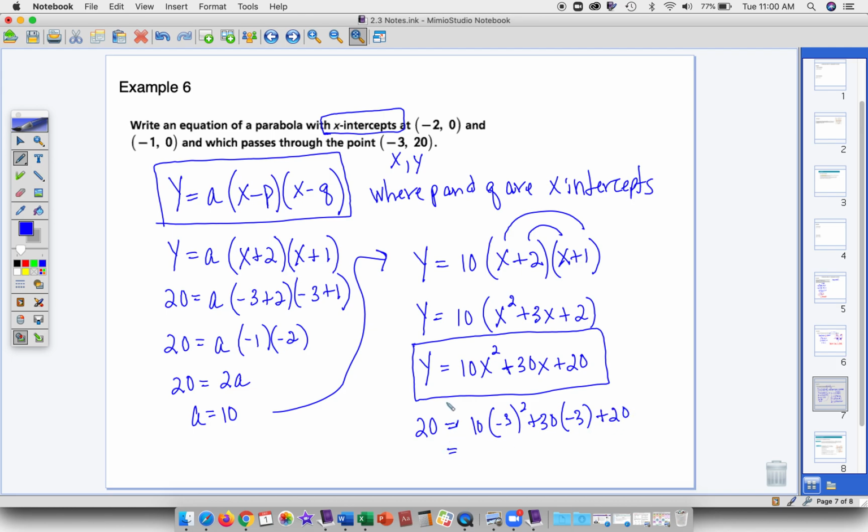Okay, so this right now is a question mark. -3 squared is 9, so that's 90. Minus 90 plus 20, and that does equal 20, so it makes sense. And you could plug in the x-intercepts just as easily and check those as well.